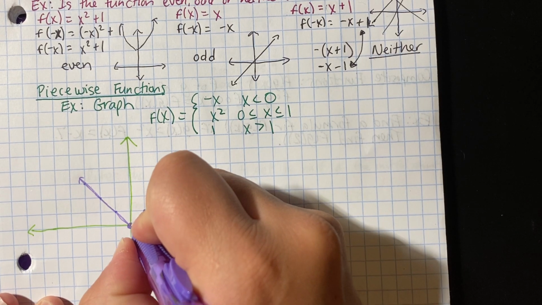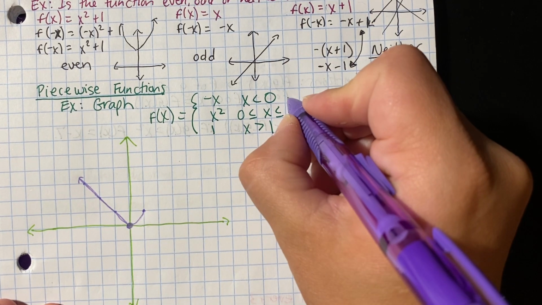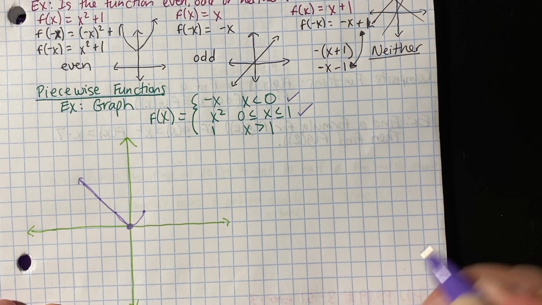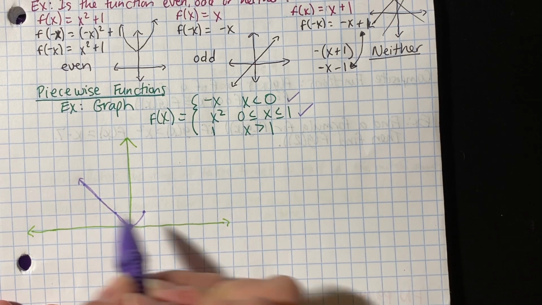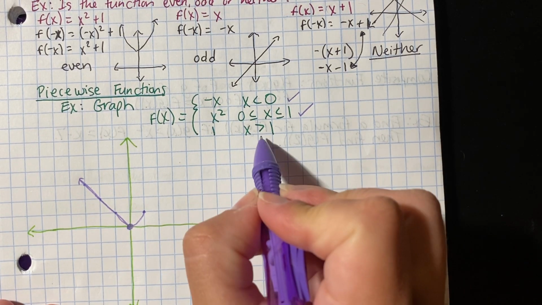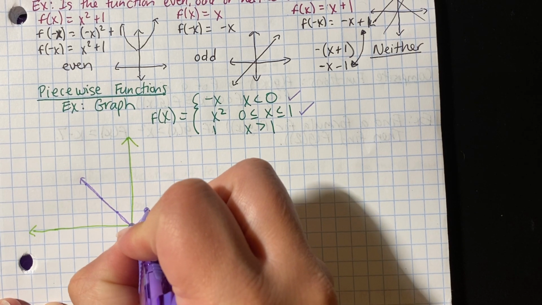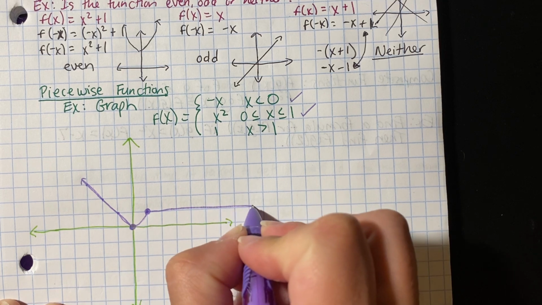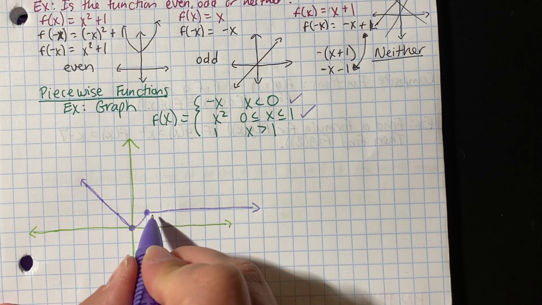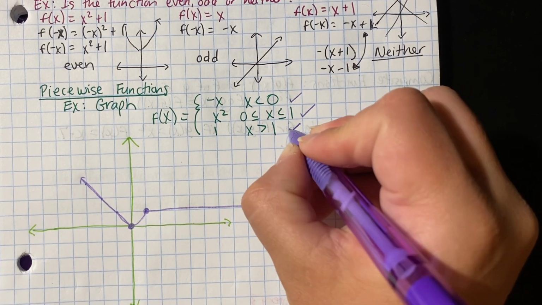So we're going to be kind of curved to this point. So we could check them off. Check, check. And the next one is the line 1, which is a straight line. Anything greater than 1. So we would have an open circle, but it was filled in already, so we can leave that alone. And we're going to just make a line on there. That's graphing our piecewise function by pieces.